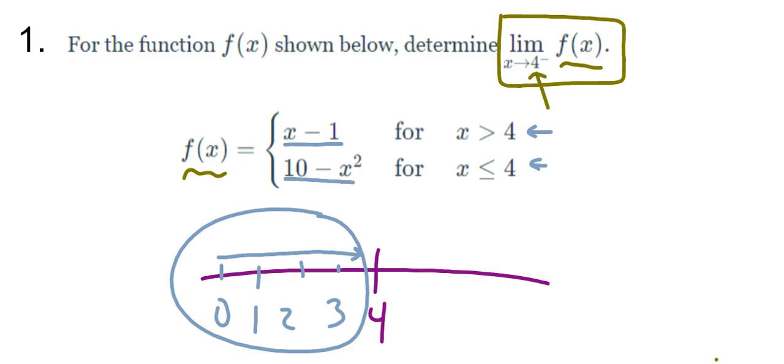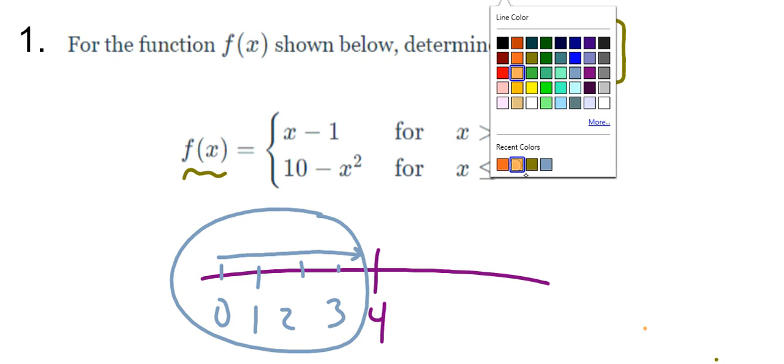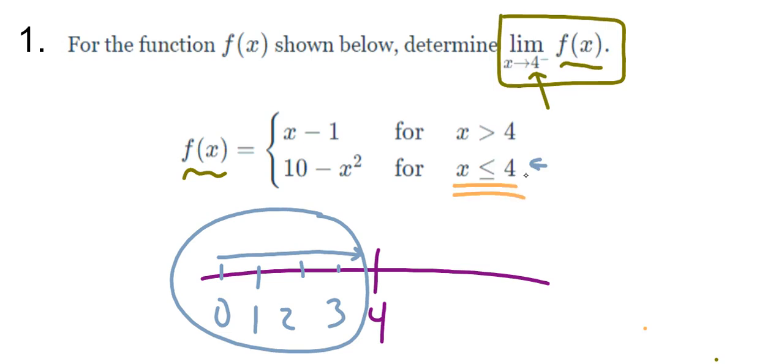By thinking about the number line, and once again, you don't have to think about the number line, you can do it a little bit differently, but because x is less than or equal to 4, we're going to be using this rule right here.